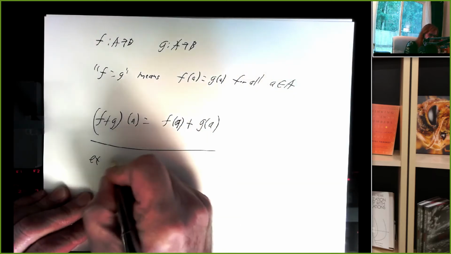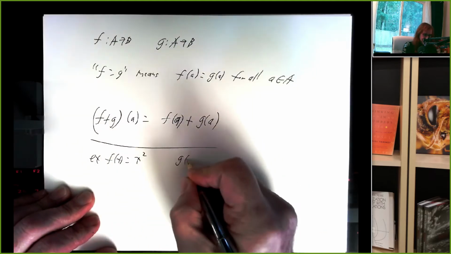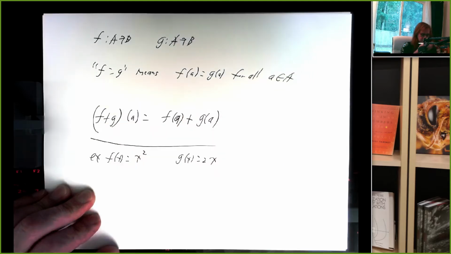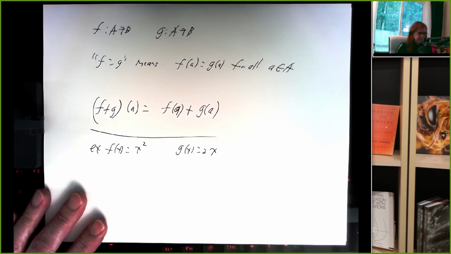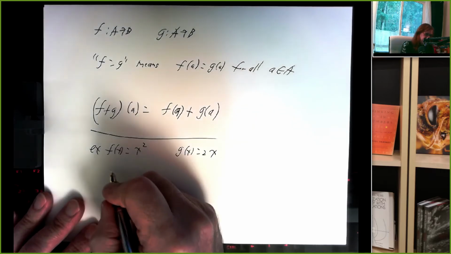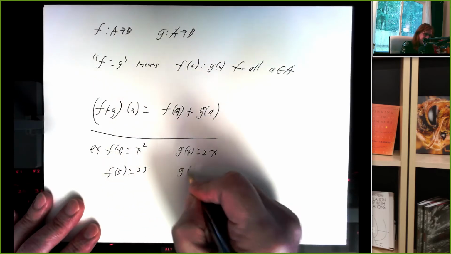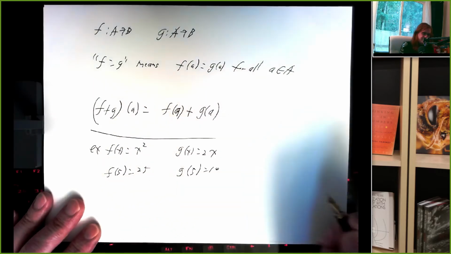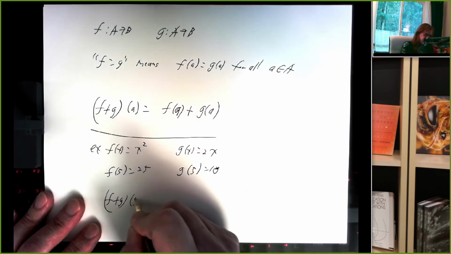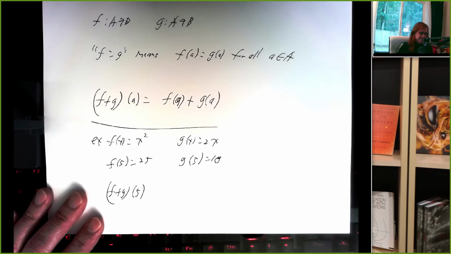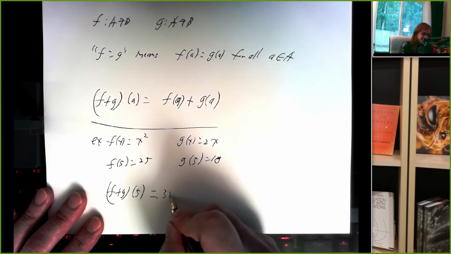So for example, maybe f of x is equal to x squared and g of x is equal to 2x. So f of 5 would be equal to 25, g of 5 would be equal to 10. f plus g of 5 would be equal to f of 5 plus g of 5, that would be 35.